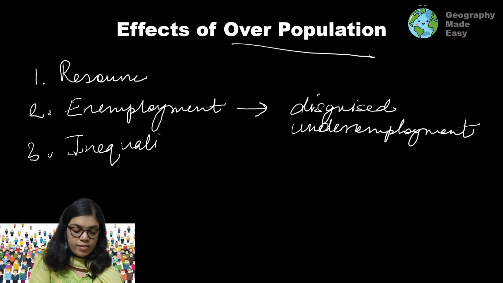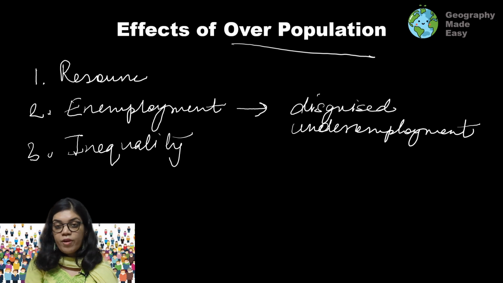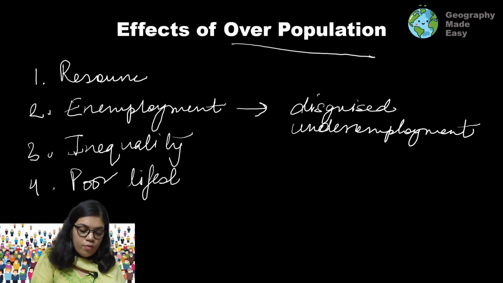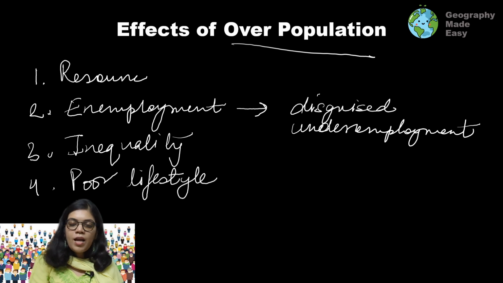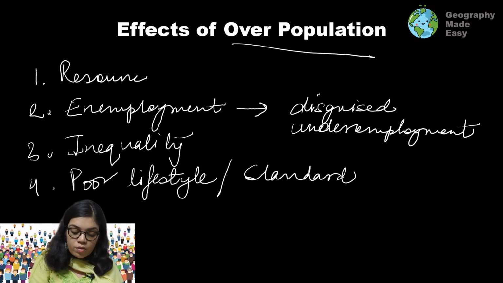Then we see that inequality is also one of the major effects of overpopulation. It leads to poor lifestyles. The people are not able to maintain a good standard of living. Their standard of living is poor.